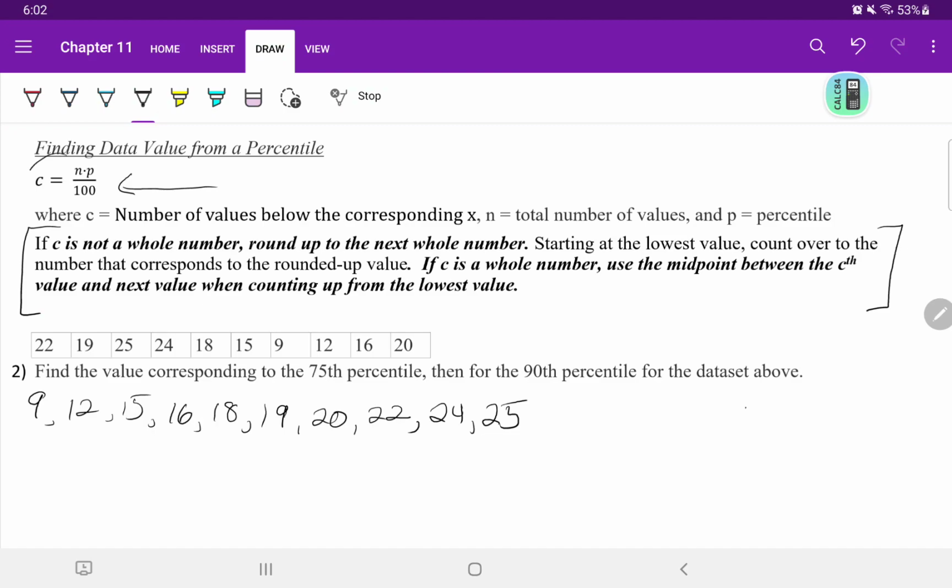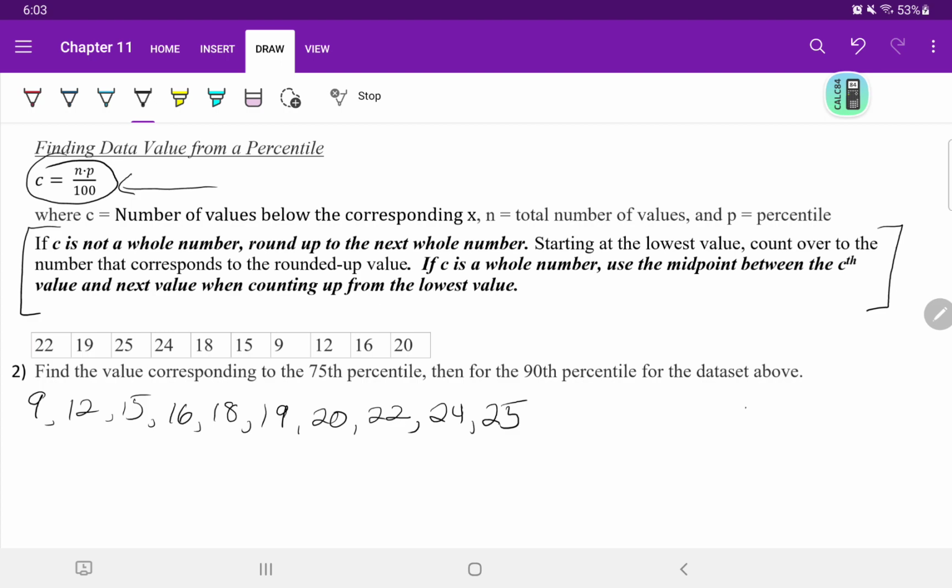When you use this formula to find the corresponding data value to a percentile, we have two different categories we can follow. If C is not a whole number, round up to the next whole number. Starting from the lowest value, count over to the number that corresponds to the rounded up value, which we will see in a few seconds.